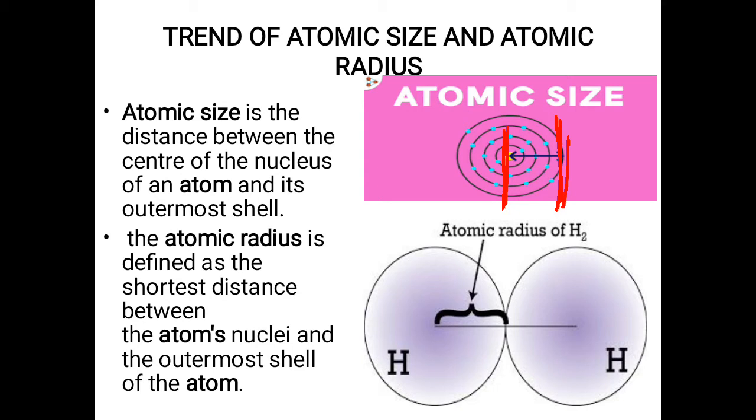Like here in the molecule of hydrogen, two hydrogen atoms are bonded, and the distance from one nucleus to the second nucleus is half to the atomic radius of one hydrogen atom. So the atomic radius is defined as the shortest distance between the atom's nucleus and the outermost shell of the atom.